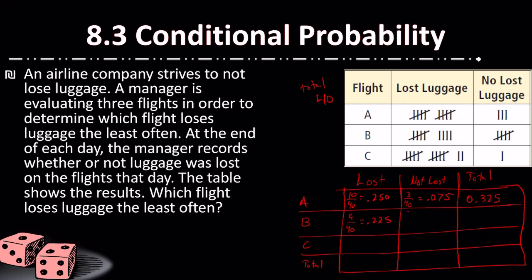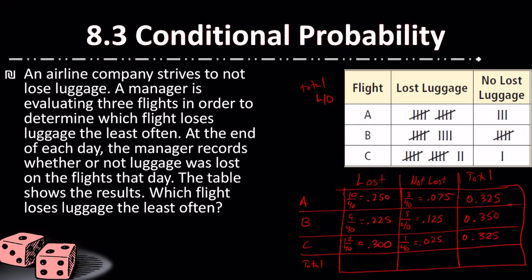For not lost, there's 5 over 40, which is 0.125. Add those together, you get 0.350. For flight C, lost is 12 over 40, which is 0.300. Not lost is 1 out of 40, which is 0.025. You add those together, you get 0.325.